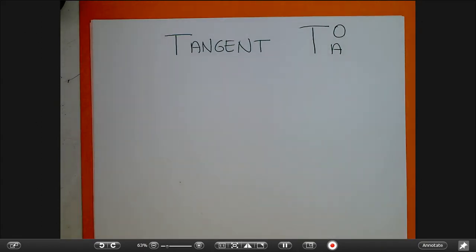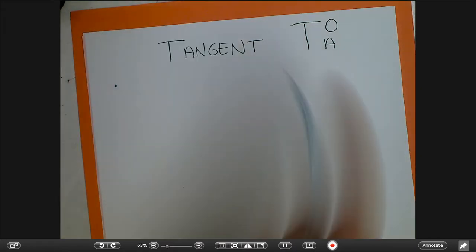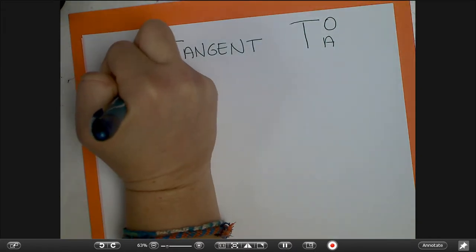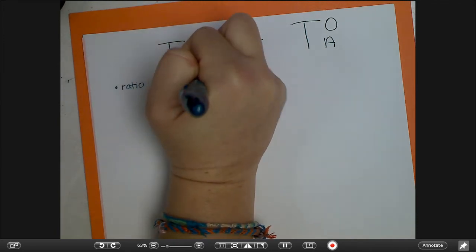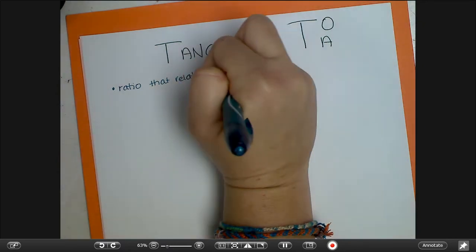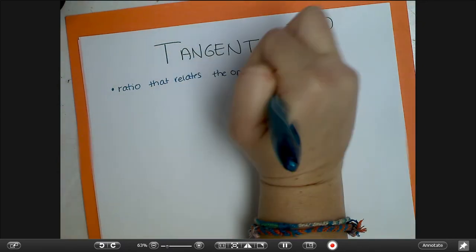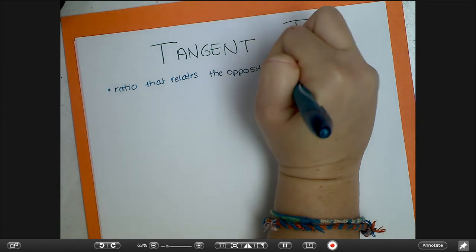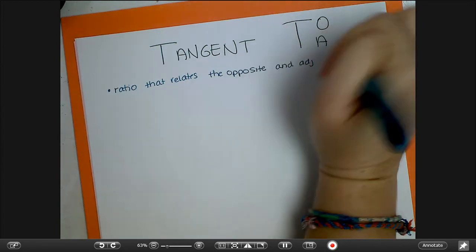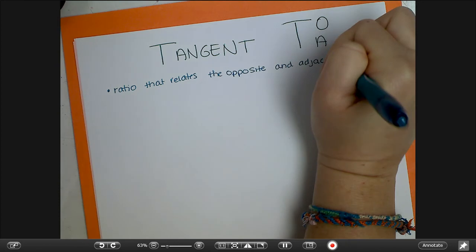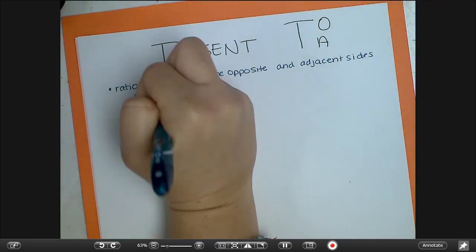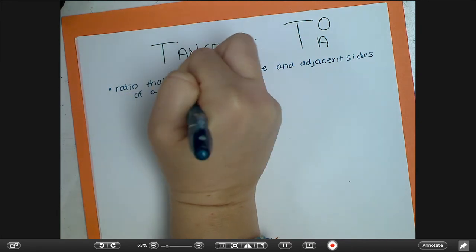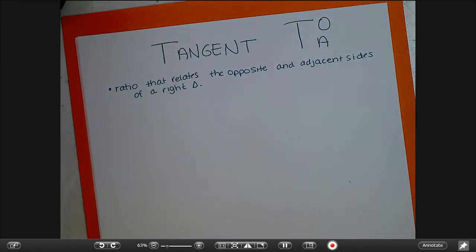Tangent is a relationship, a ratio, that relates the opposite and adjacent sides of a right triangle. And as we talked about yesterday, that depends on which angle we're looking at.